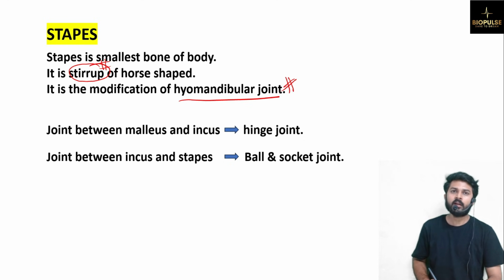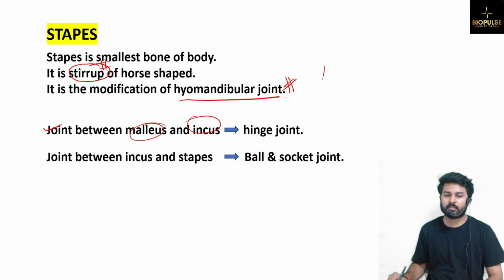Fine. Now definitely the joints I will be teaching you at the end of the lecture, but as we are reading about these three bones, let's see the kind of joint present between them. So the joint present between malleus and incus, that means MIS.